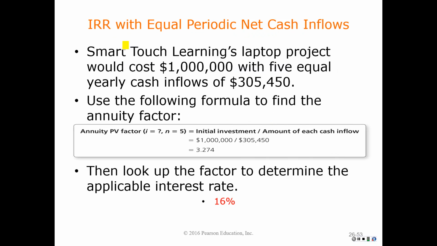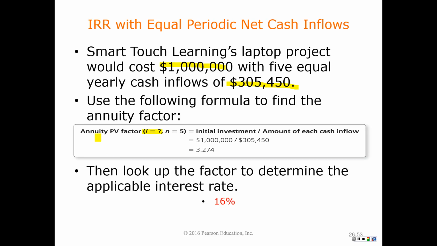For example, with Smart Touch Learning's laptop project, remember they invested $1 million into their project and they were anticipating cash flows of $305,450 every year for 5 years. And so once again, what I'm trying to identify here is the interest rate. We use the same formulas that we were using before to calculate present value of lump sums or annuities from the tables.